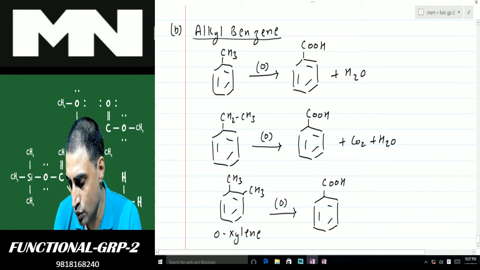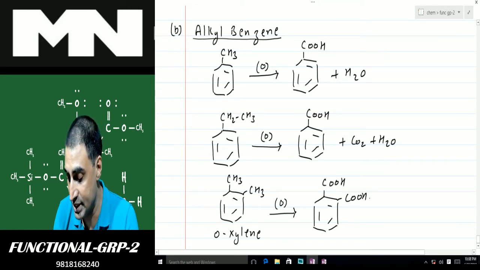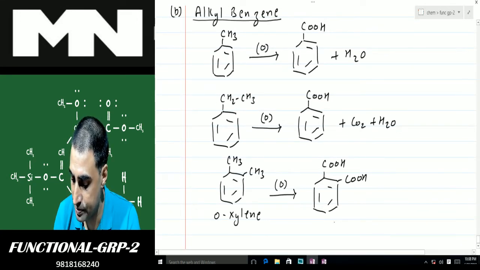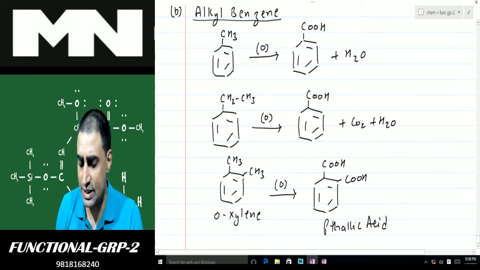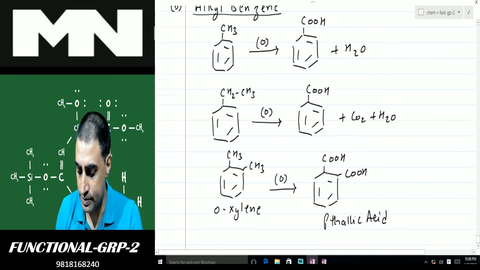This benzenedioic acid at ortho position, 1,2-benzenedioic acid, is very commonly known as phthalic acid. So this is how you can get carboxylic acid by oxidation.